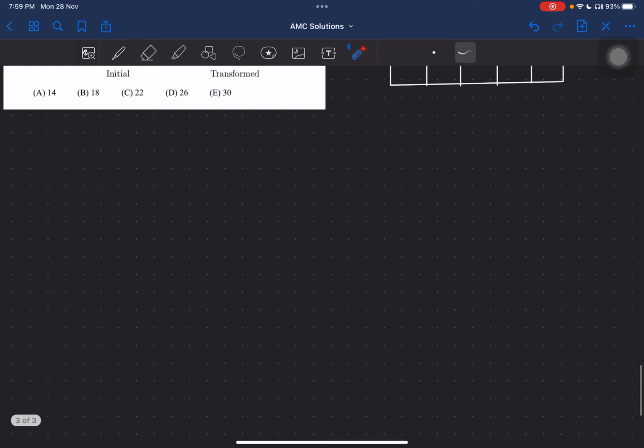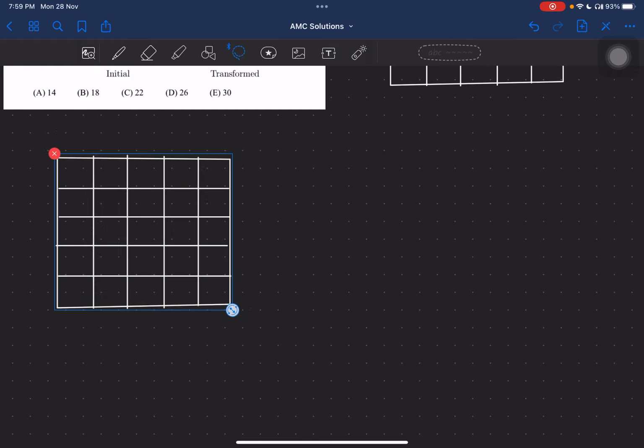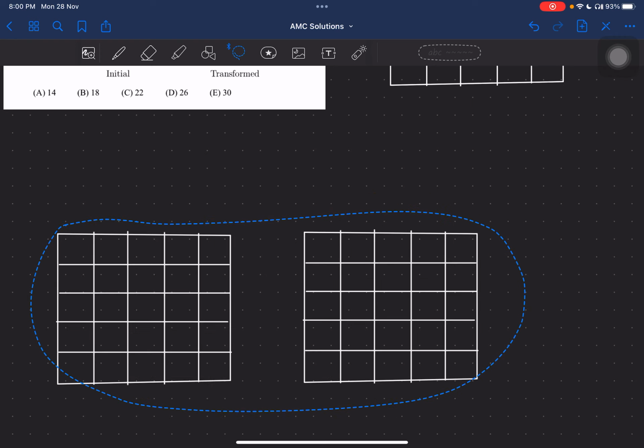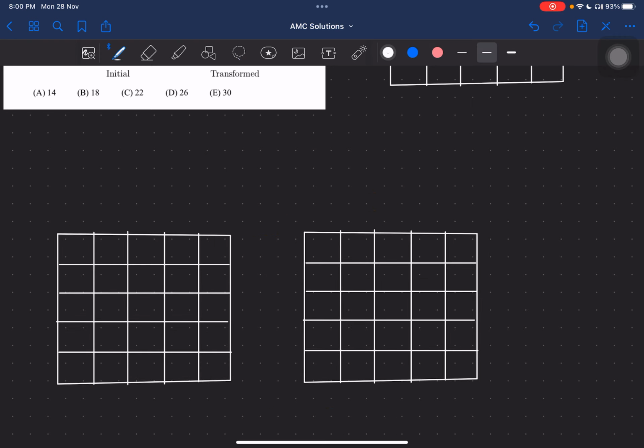So let us try with that. This is our original one. We have two cases. So we have case one: the middle square is filled in the original one.